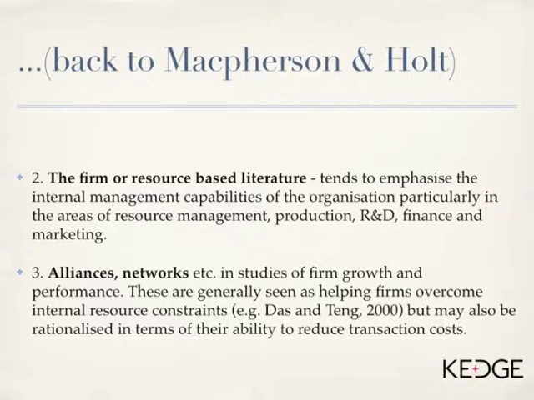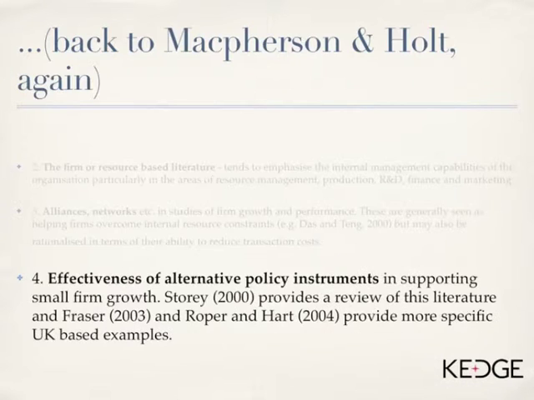These are generally seen as helping firms overcome internal resource constraints, but may also be rationalised in terms of their ability to reduce transaction costs. And finally, they comment on the effectiveness of alternative policy instruments in supporting firm growth. Story, for example, provides a review of this literature, and Fraser and Roper and Hart provide more specific UK-based examples.